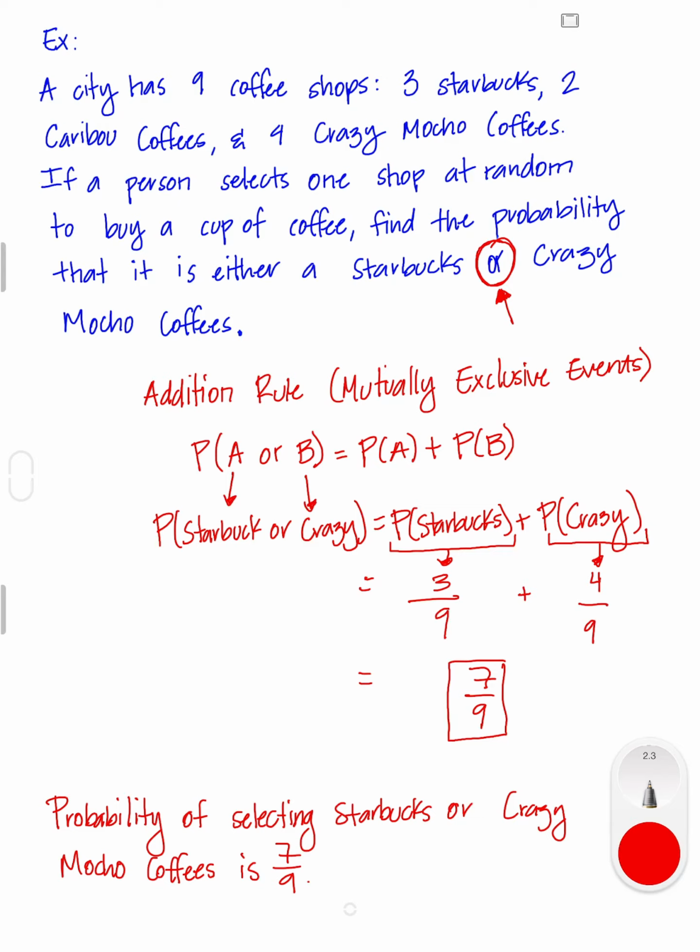So they are mutually exclusive. That's the first step. Step number 2 is for us to use the addition rule, right, for mutually exclusive events. And we know that to do that, we have to find the probability of each event separately, and then we add those probabilities, and that's how we're going to end up finding the probability of the mutually exclusive events.